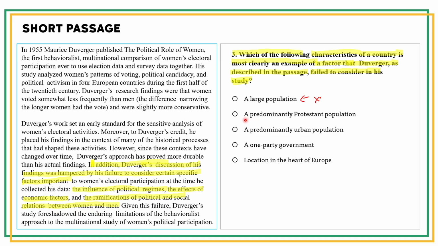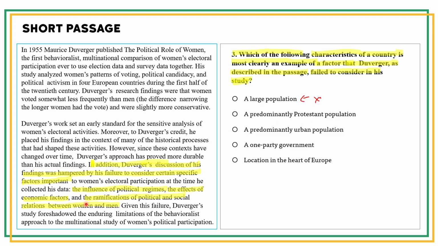So now, is the failure to consider a predominantly Protestant population similar to a failure to consider the influence of political regimes? Is that political? That's more religious. Okay. Is it similar to the failure to consider the effects of economic factors? How do you relate that to economic factors? You can only do that through assumptions.